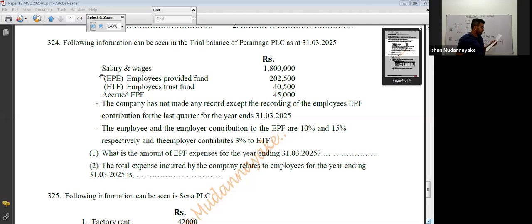The company has not made any record except the recording of the employee EPF contribution for the last quarter ending 31st March 2025.